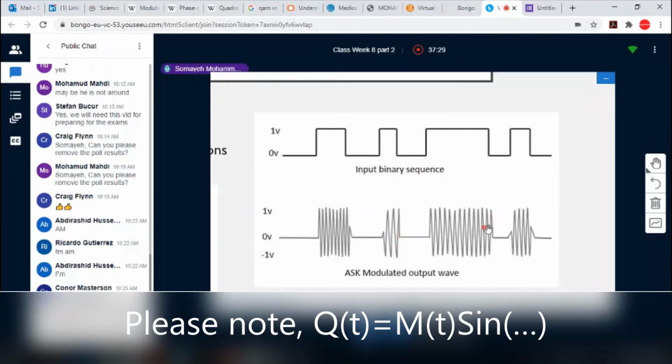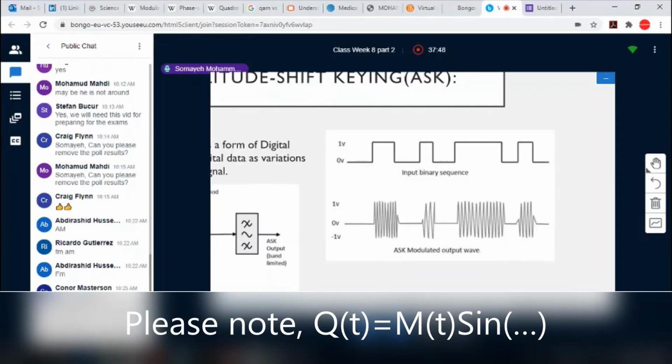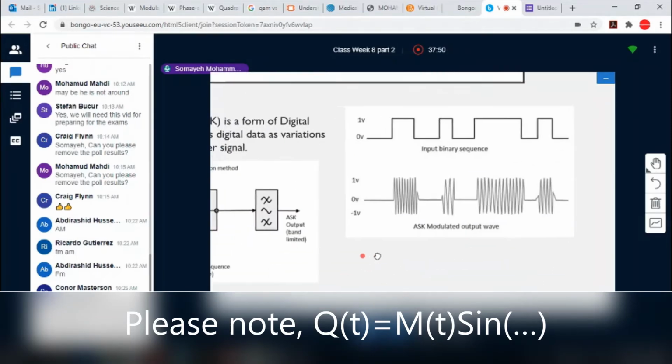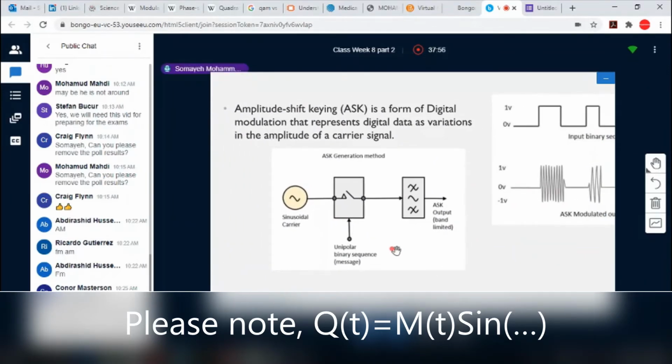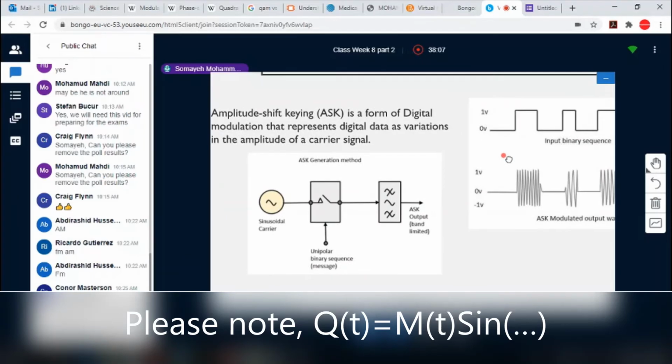So it is sending bursts of a signal according to the binary sequence that wants to be transmitted. Here is a very simplified explanation of how that can be implemented from a hardware point of view. You may use switch-type technology or something like flip-flops that lets the sinusoid pass only when you have voltage.